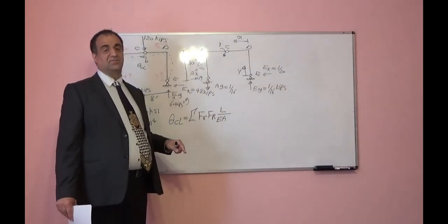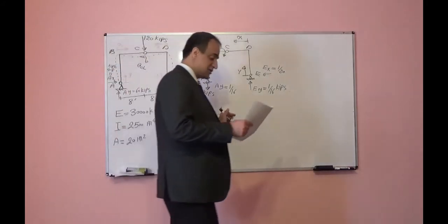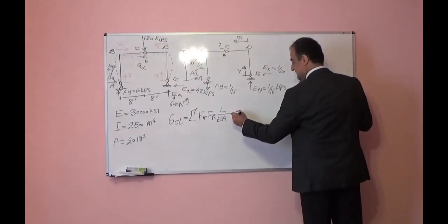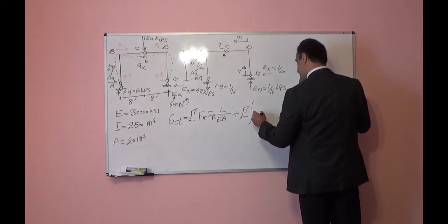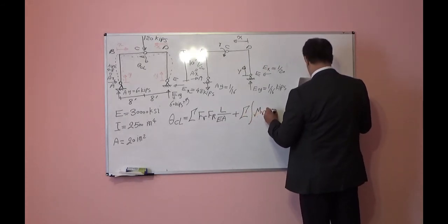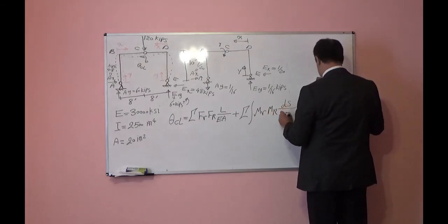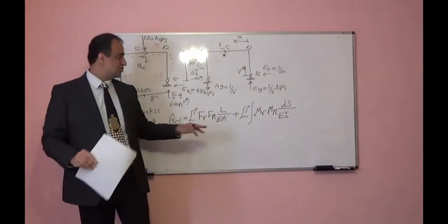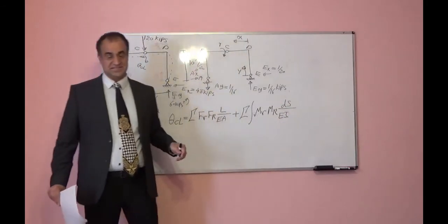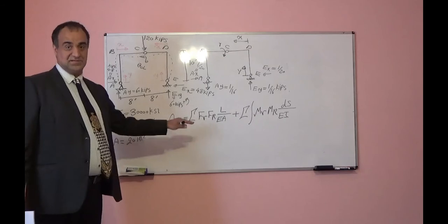We know axial deformation, it is internal force times length over EA. Summation of those, plus bending moment deformation, summation for all element, MV, MR, ds over EI. Because some of them it is dy, some of them dx, so I wrote as a formula ds.